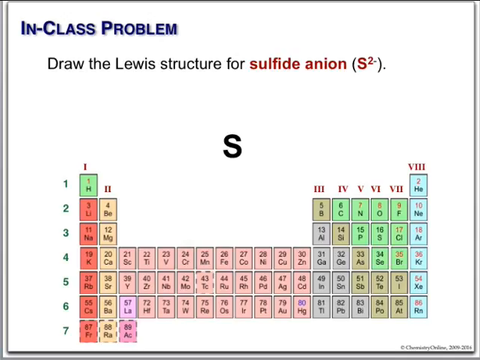Because there's 6, there are going to be 2 pairs and 2 singles. Now to make this a dianion, what do we do? Simply add 2 more. And we show this as a -2 ion. 2 minus, or does it matter where the minus is? Some people write it 2 minus, some people write it -2.